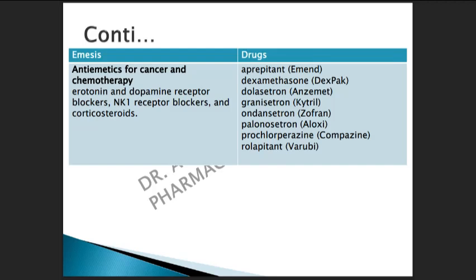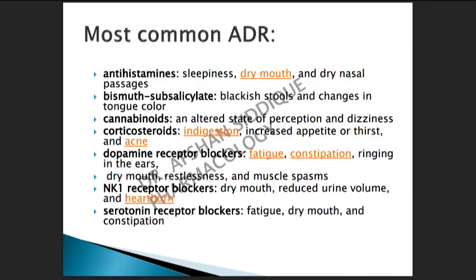Most common adverse effect which is associated with the use of antihistamine is... you must have read about antihistamines, right? Yes, what else could it be? Any common adverse effect of antihistamine? Dryness of mouth, and dry nasal passage.